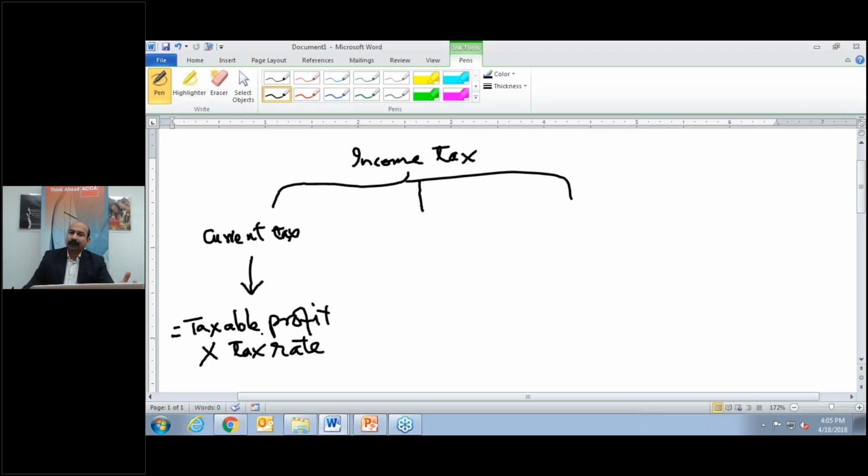You adjust your accounting profits for the income and expenses which are allowable, not allowable, or allowable in a different way. Some expenses are allowed on a cash basis, similarly some income, and depreciation rates are different.